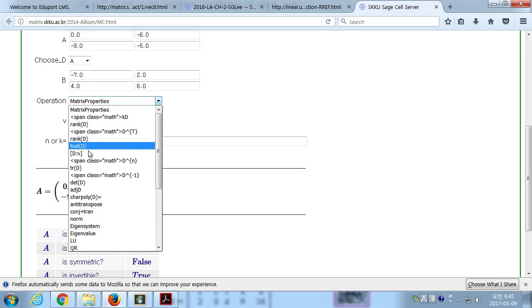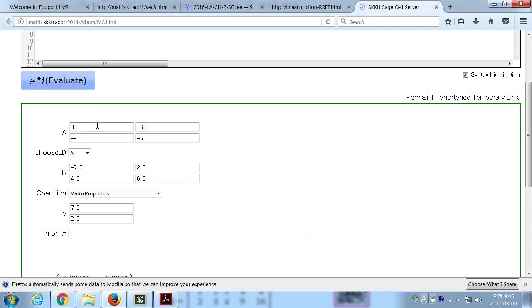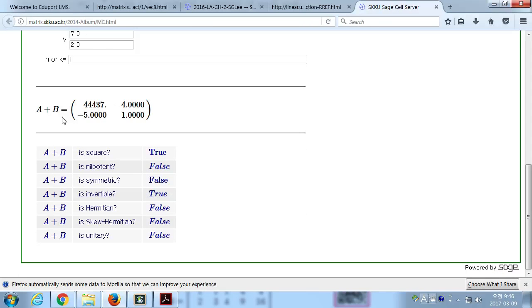For example, you can make changes here. You have a matrix A, then you can choose matrix A, and you can add this matrix and this matrix. Then you will have matrix A plus B like this. This matrix is square. This matrix is symmetric, non-symmetric. This is an invertible matrix.